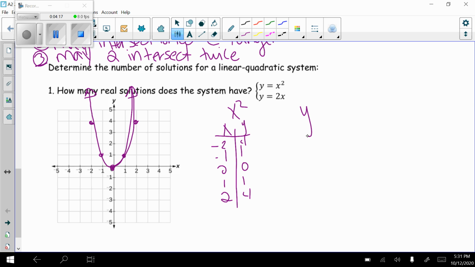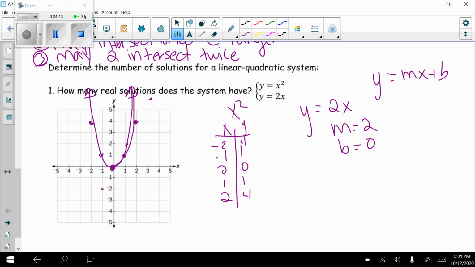Now I want to graph y equals 2x. This is my line. Remember, our lines look like y equals mx plus b. So I identify my slope is 2. My y-intercept is 0. So that means if I start at 0, I go up 2 over 1, up 2 over 1.